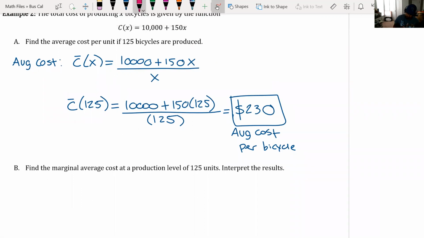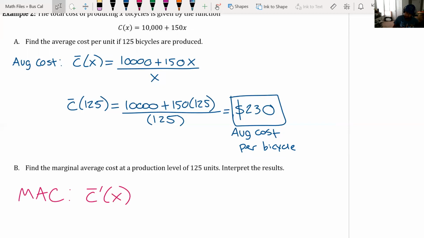So we want the marginal average cost function, the MAC, all right, which means we're looking for C bar prime of x, right? We're looking for C bar prime of x.